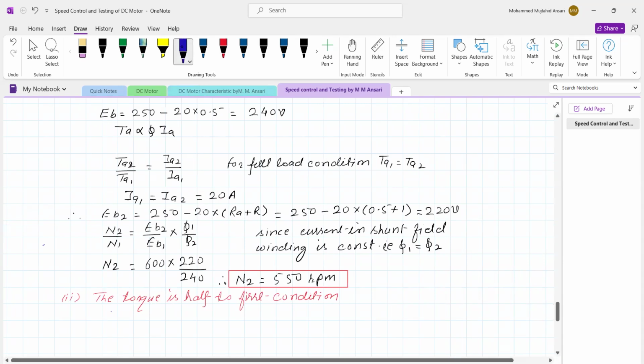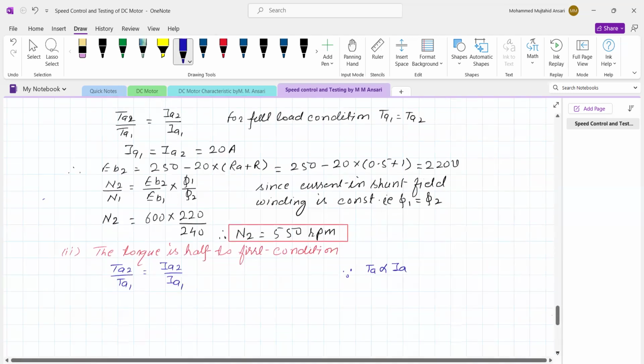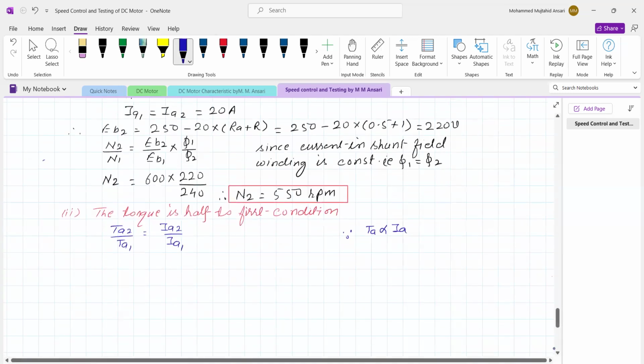So TA2 upon TA1 is equal to IA2 upon IA1, since torque is directly proportional to armature current, as it is a shunt field motor, and no external resistance is added in the field circuit; we have added the resistance in the armature circuit.